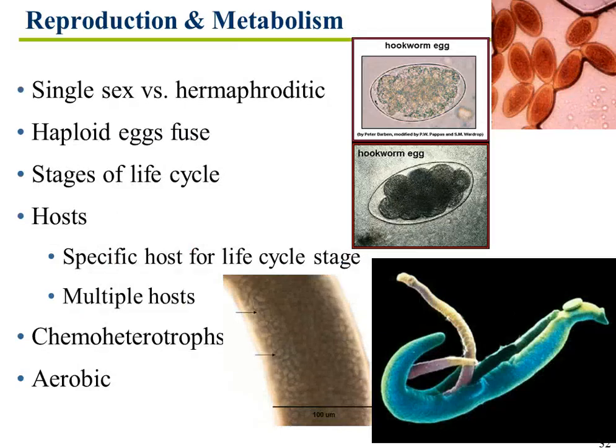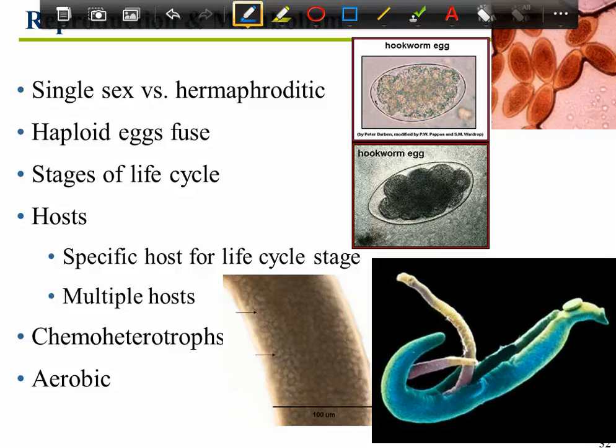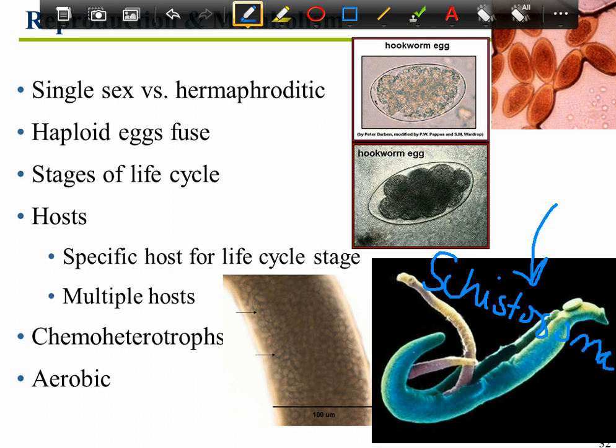Many of the worms are hermaphroditic, like tapes. They make both eggs and sperm. Some of the worms exist as two sexes. For example, down here at the bottom you see Schistosoma. Again, we saw it in lab. The male is the big boy, and his female is the little girl that's kind of peeking out right there. He kind of curls up around her, so you got two of them together.